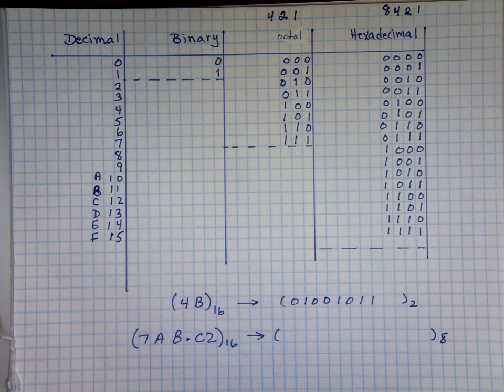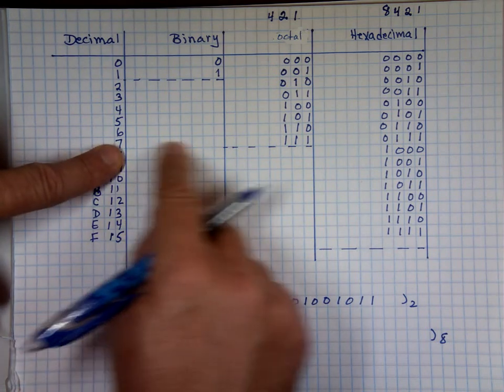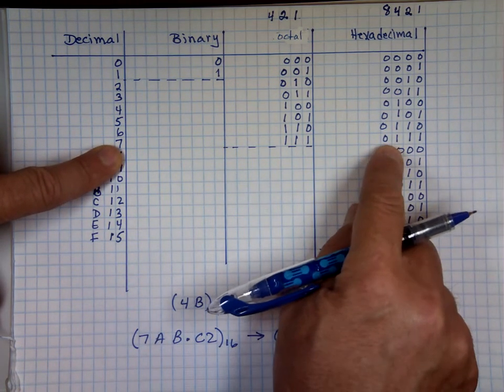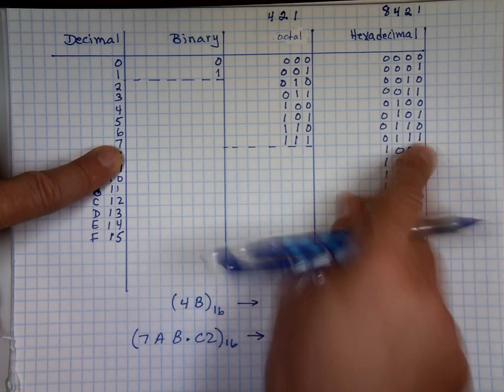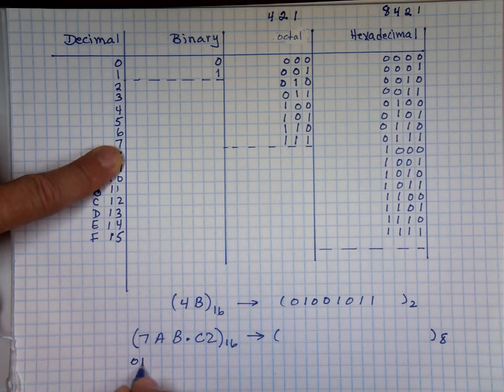This is base 16. You write the 7 as what in base 16? 4 digits: 0, 1, 1, 1. Replace the 7 with 0, 1, 1, 1. Replace the A with what? 1, 0, 1, 0.